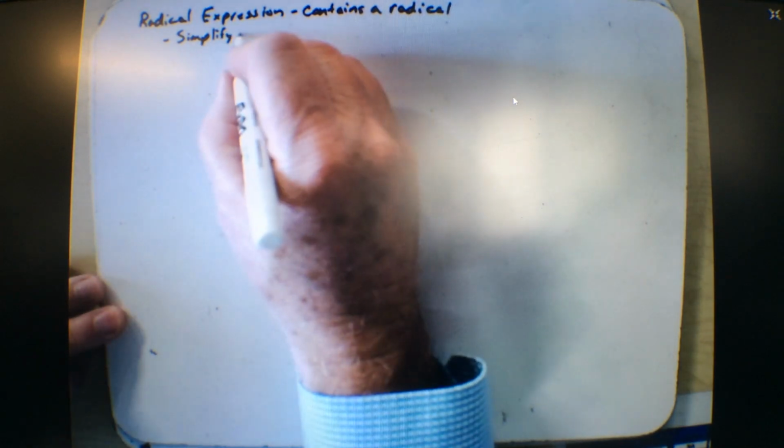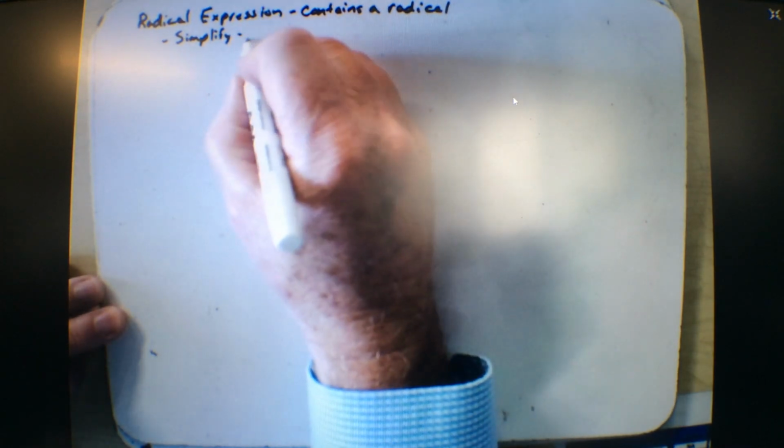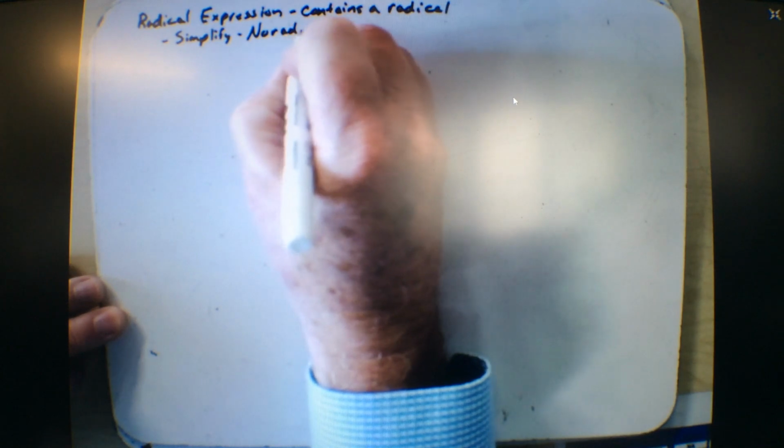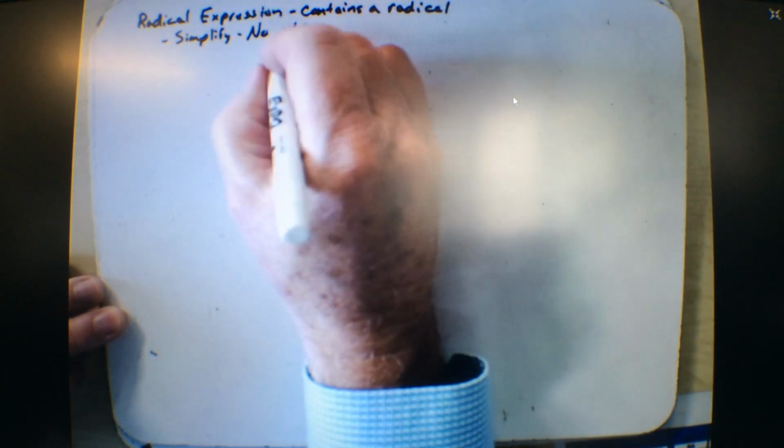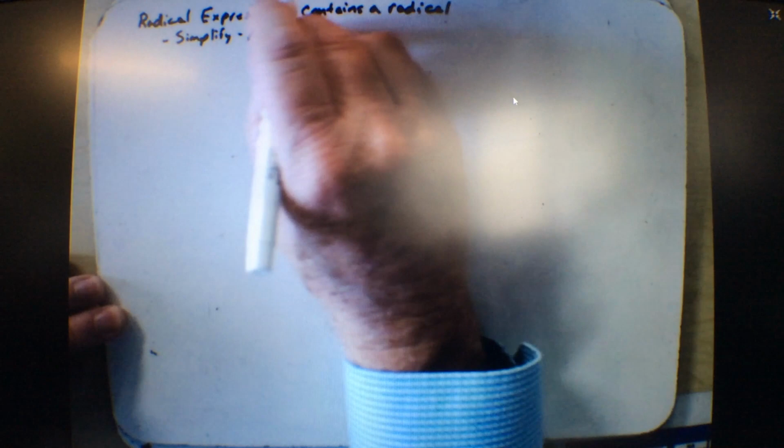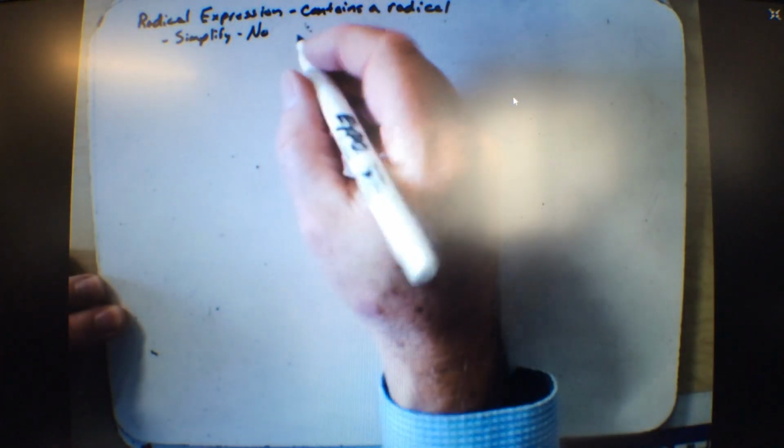Okay, what does this mean? It means that no radicand, remember radicand is the thing underneath the radical sign, right?